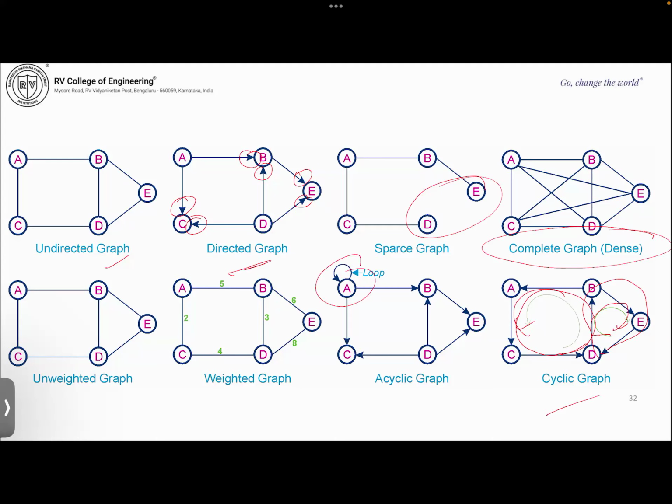Also weighted graph, where edges are labeled, and unweighted graph. These are the various types of graphs you can study, but in chemistry we don't discuss them in this unit; this is only for general information.